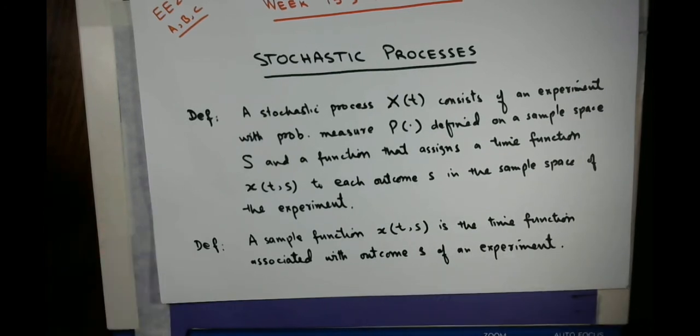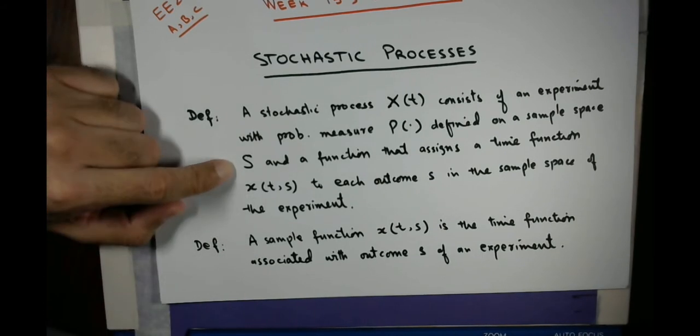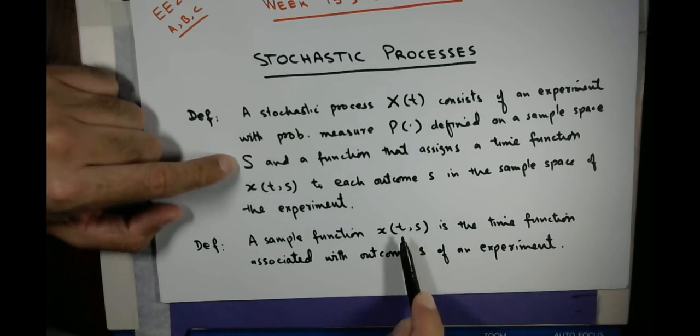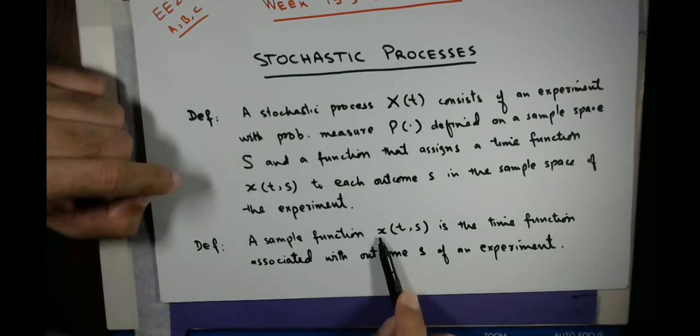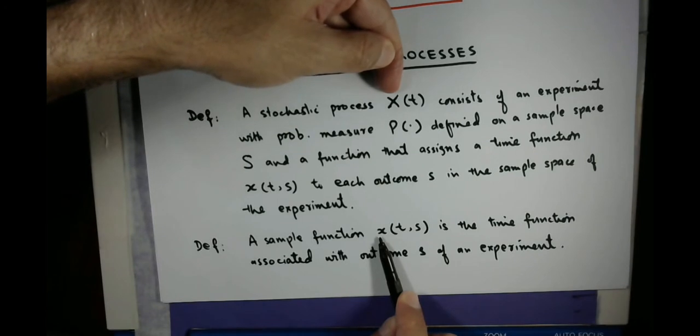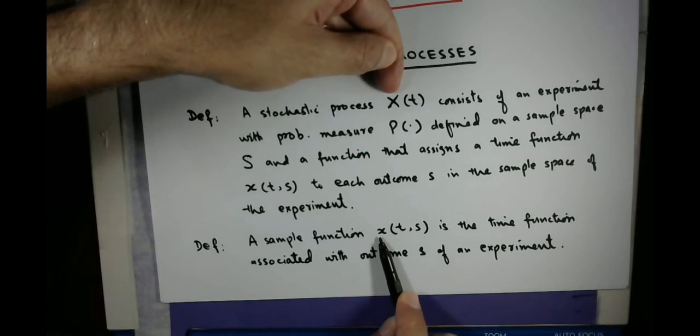If you can understand this, the remaining part of the lecture should become a bit easier. This is your capital S, which is the sample space of a certain experiment. This is small s, which is one of the possibilities in this sample space. This is the time t. This small x is one of the sample functions from this process, capital X of t.